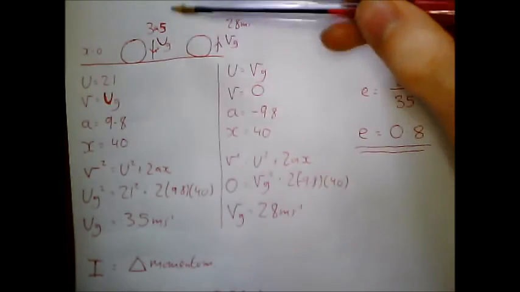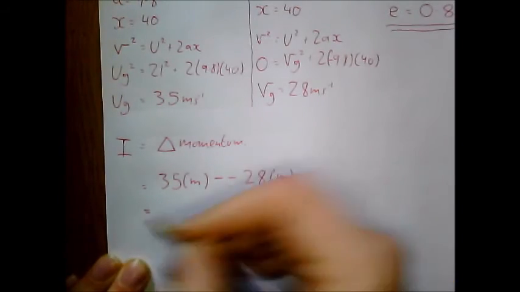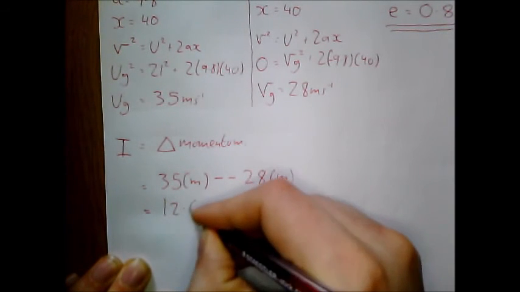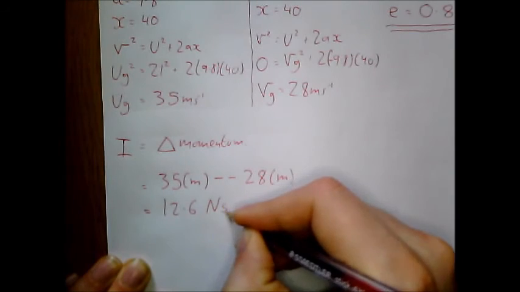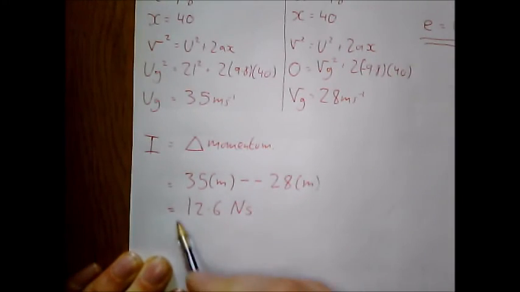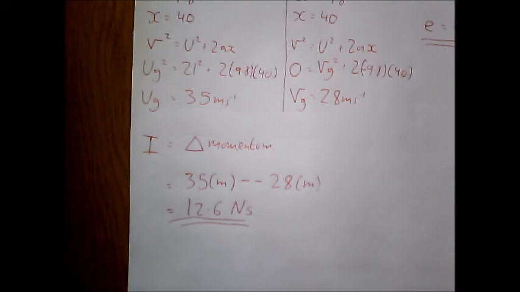So overall, the difference between them is greater. So after doing that, you should find your change of momentum to be 12.6 Newton seconds, because we know the mass is 0.2. And that is it for question 3.